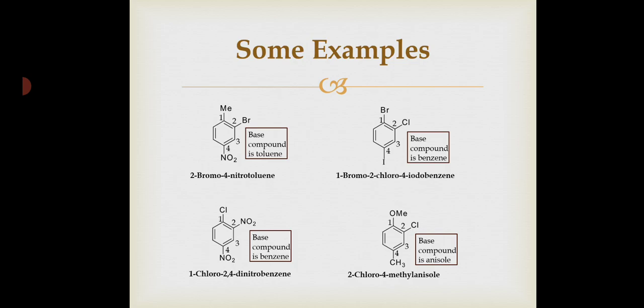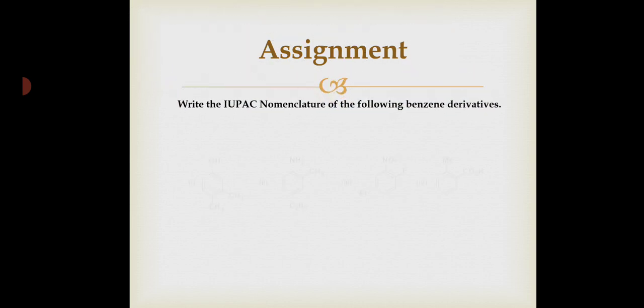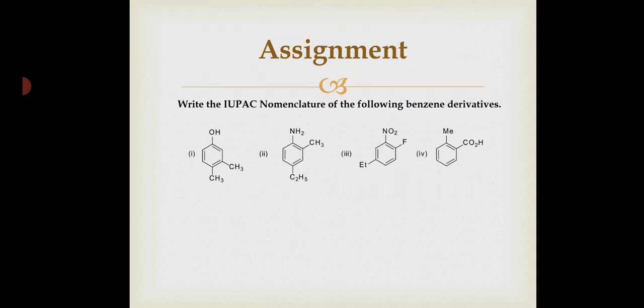After doing this many examples, here there is an assignment for you. Write the IUPAC nomenclature of the following benzene derivatives. Stop the video, write the IUPAC name, and then again play the video and check your answer.